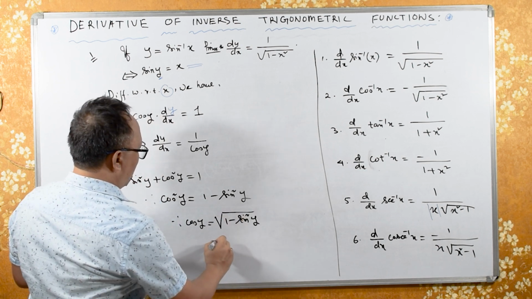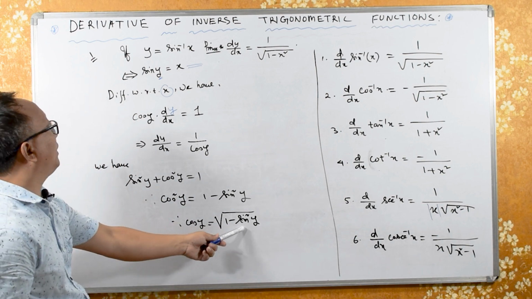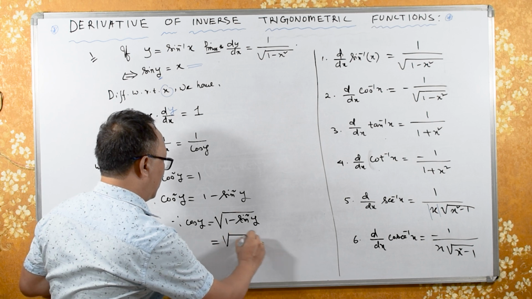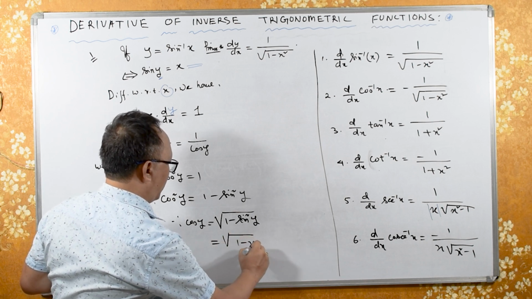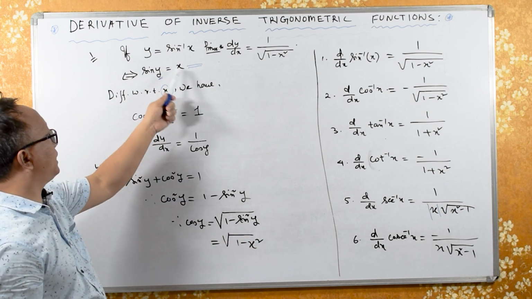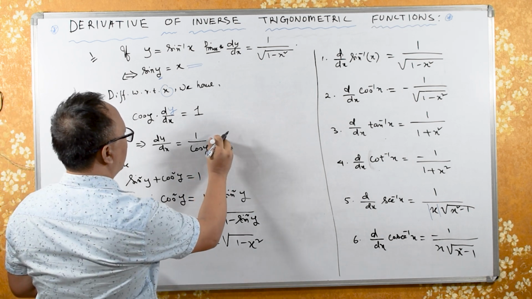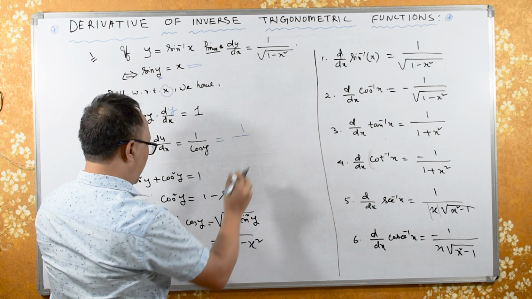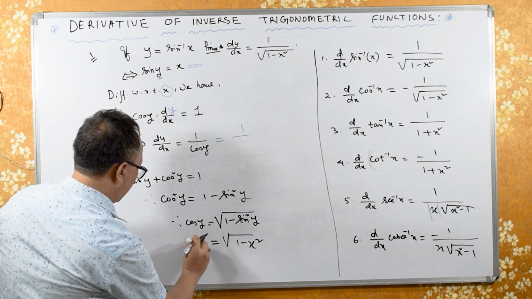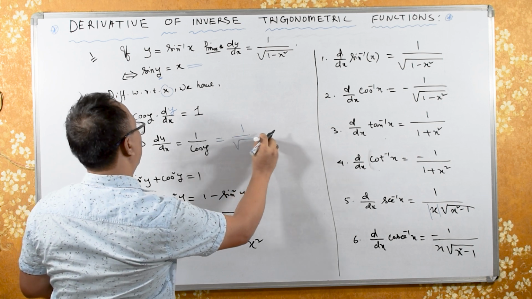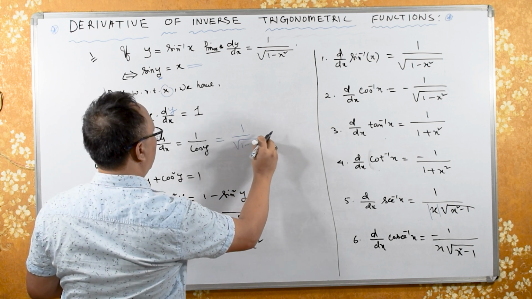Look here, what is sine y? Sine y is our x. Therefore this is 1 minus x square, so cos y is the square root of 1 minus x square.